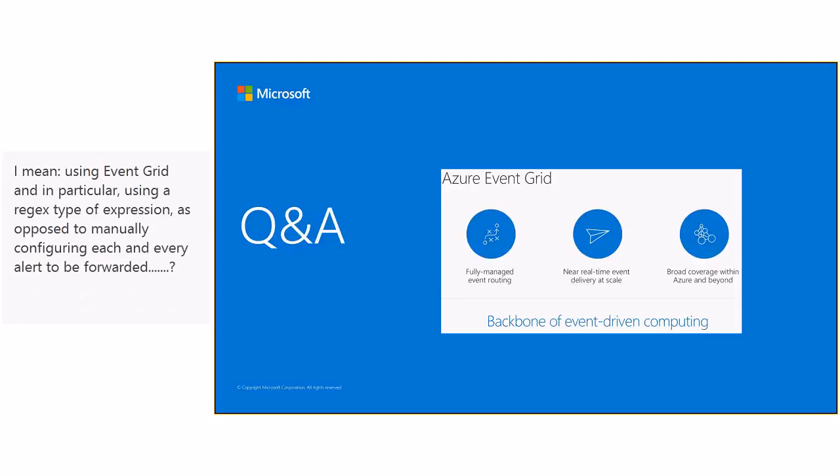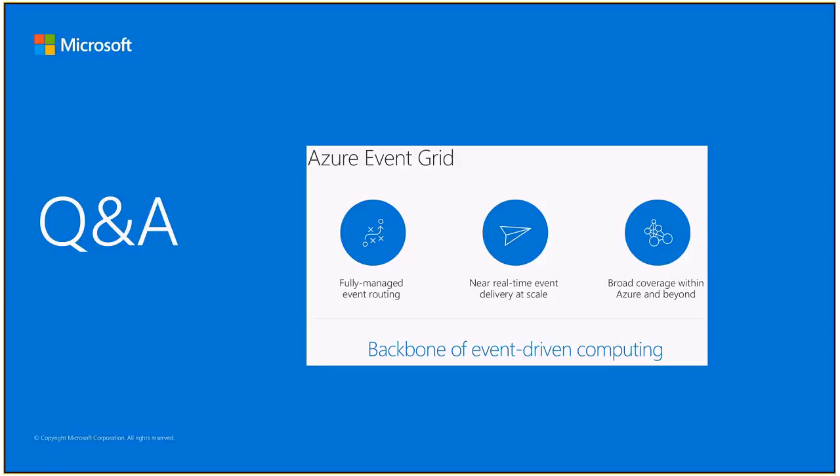With that, we are pretty much done with the topic, and all in all, this is what we need to take away from Event Grid. It is a fully managed event routing platform, with near real-time event delivery at scale, and it has broad coverage within Azure and beyond Azure.